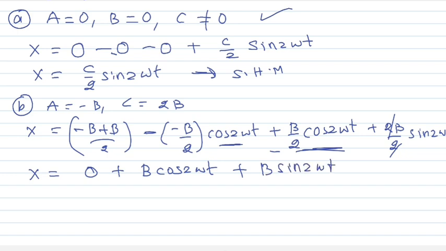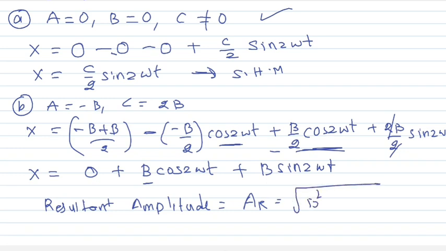So now we can see that the resultant amplitude can be found by using, resultant amplitude is given by, let me take a suffix r, A_R is equal to root over b square plus 2b square. The angle between them is exactly 90 degrees because one is in cos, other one is in sin.